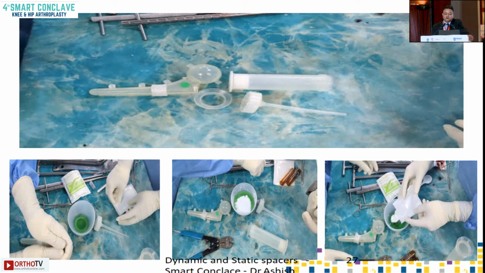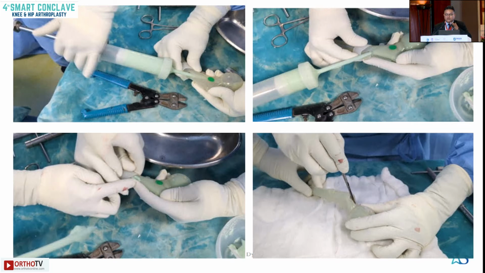These are the ones we make on the table. The problem with these spacers, frankly speaking, is that you need two teams: one team preparing the spacer on the table, and the other surgeon taking out the implant, because if you add these two, the time goes high and it takes time.